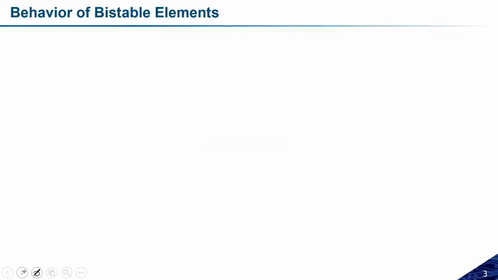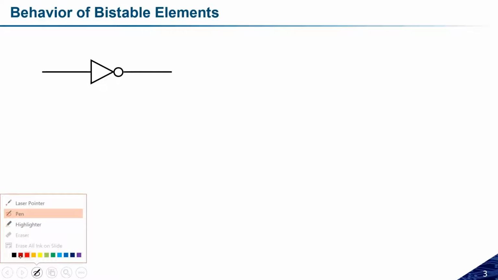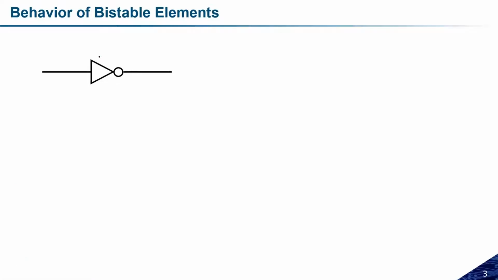So to understand the behavior of the bistable element, let us consider a simple inverter, something like this. Let us assume this inverter is I1.